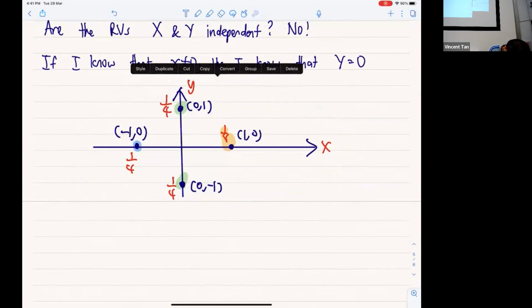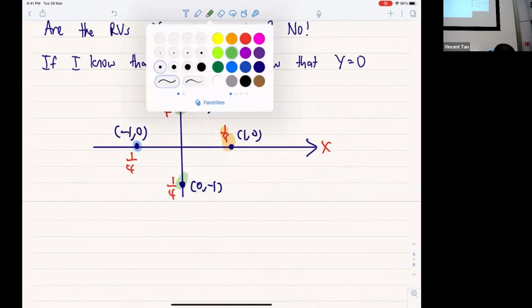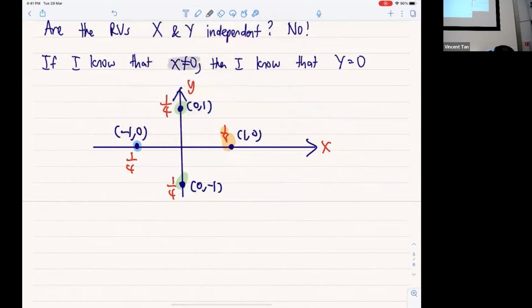Now if I tell you that X is not equal to 0, we are either here or here. There are only 2 choices. X must be plus or minus 1. It cannot be the center.